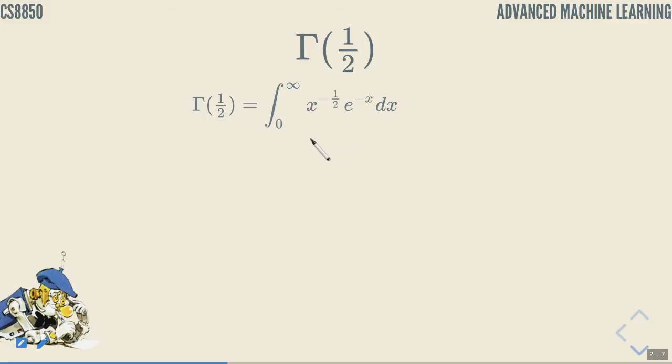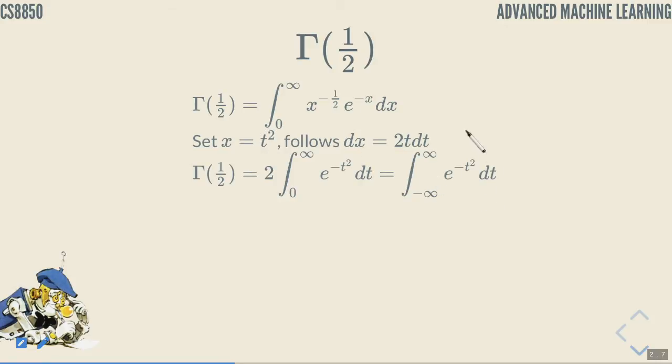Just plug in 1/2. Remember what was here: gamma of n minus 1. We plugged in 1/2. And this became x to the minus 1/2. So that's how we got this integral. You probably know what's coming, right? We're going to do some substitution and make it interesting. So if we set x to t squared, then dx, the differential, is 2t times dt. And then we can rewrite this integral, the top one, with 2 going over here.